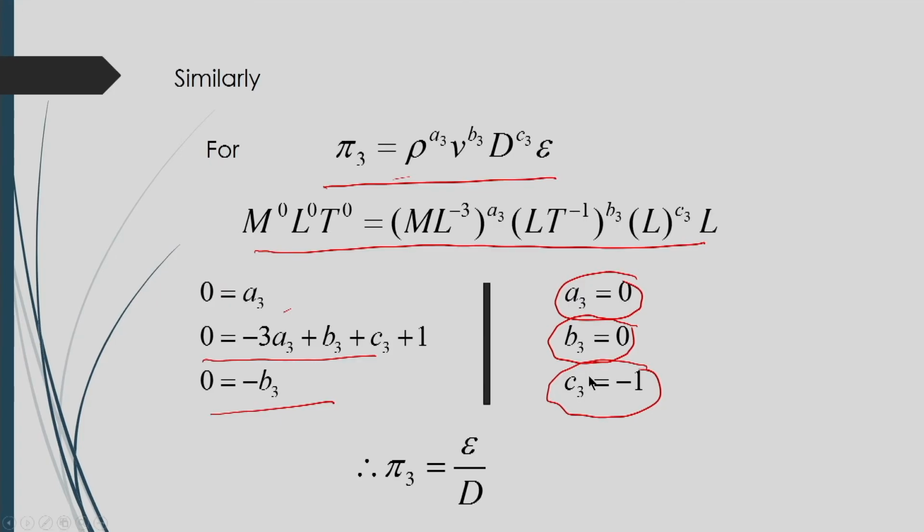And again if you substitute these values of a3, b3 and c3 in the equation for pi 3, you will see that it will be epsilon by d, because a3 equal to 0 means rho to the power 0 will be 1, and v to the power b3 is 0, so it will be simply 1. So, only remaining are d to the power c3, which is minus 1, and epsilon. So, epsilon by d will be there. This is simply a dimensionless group. So, pi 3 is another dimensionless group. So, we are getting 3 dimensionless groups in terms of all the process variables.